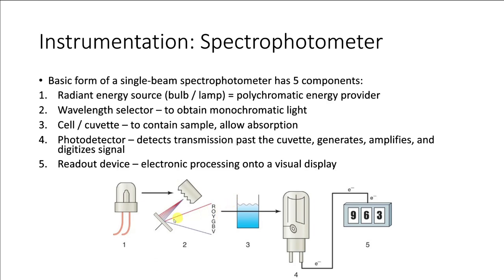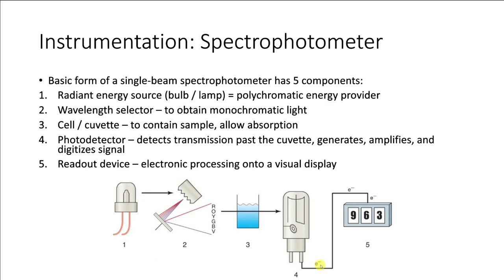We then pass that isolated wavelength through a cell or a cuvette, which contains our sample, which then allows that absorption that I keep talking about earlier. Whatever the transmitted light passes through is then picked up by a photodetector, which detects light. This will generate, amplify, and digitize the signal, just basically saying that we go from light to a signal that our instrument can read.